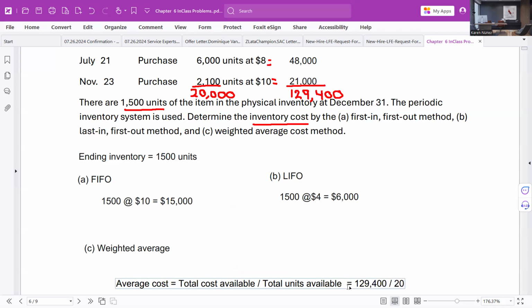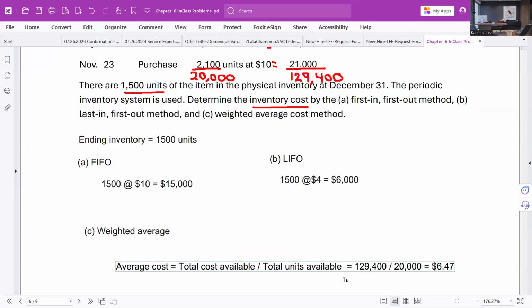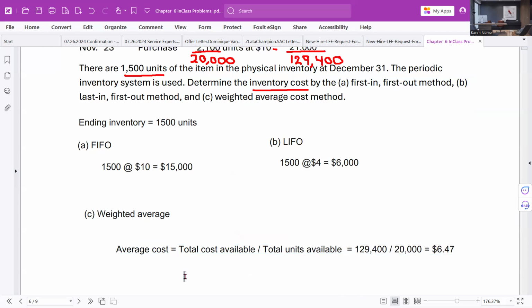And that's for 20,000 units. So the average cost is $6.47. So if we have 1,500 units at $6.47, that's going to equal $9,705.